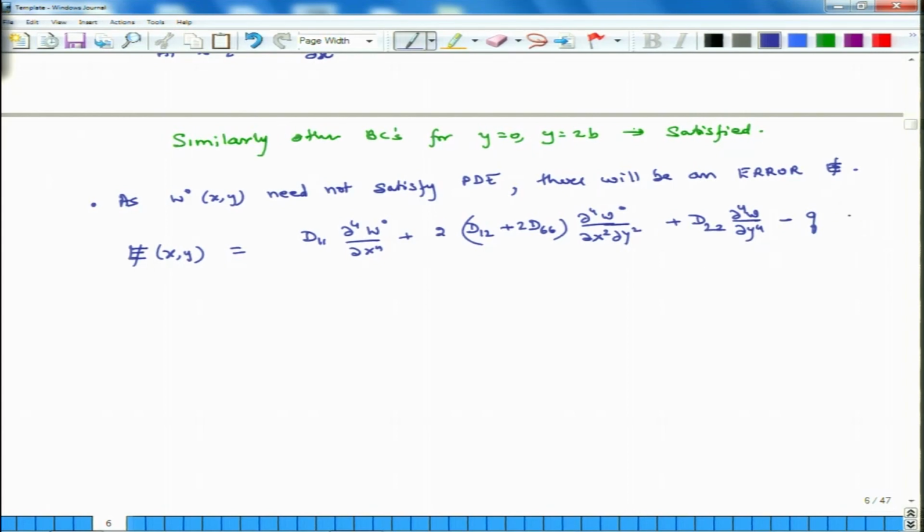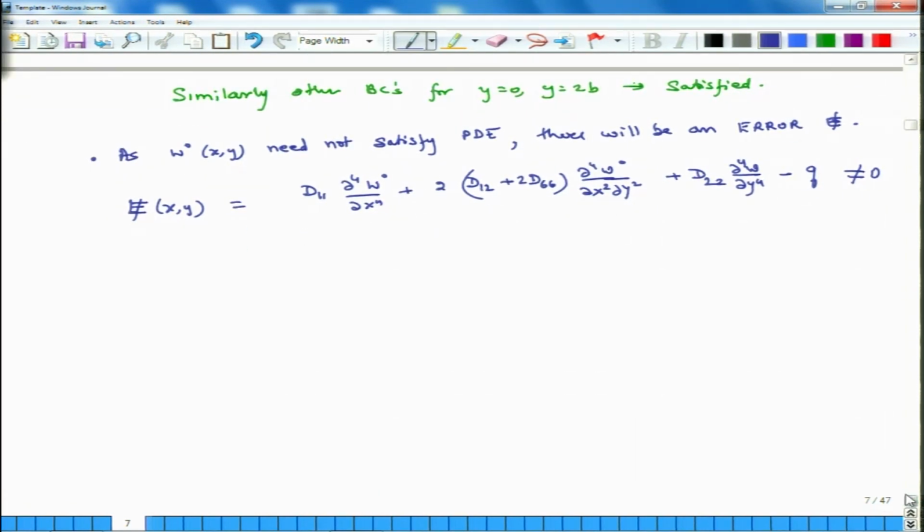If the expression for W was identically satisfying the differential equation, this error would be 0, but in this case because it need not satisfy, this need not be 0. Okay. It is a function of x and y because W is a function of x and y. So, this is the second thing.